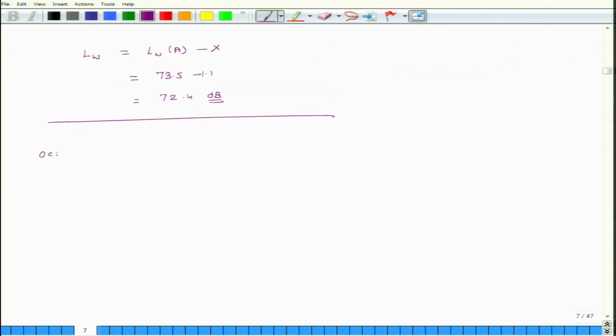So, let us write down the octave bands: 63, 125, 250, 500, 1000, 2000, 4000 and 8000. And then of course, our LWA was calculated to be 73.5. I will just write down this 73.5 in all the lines.